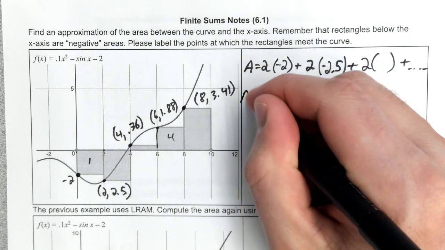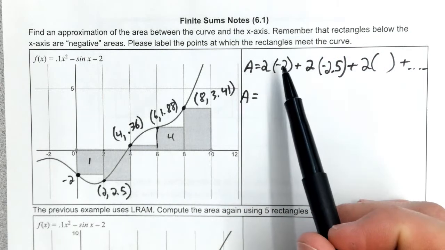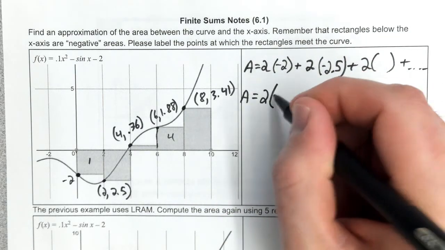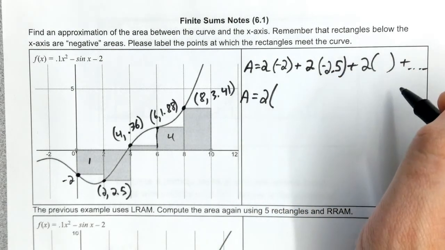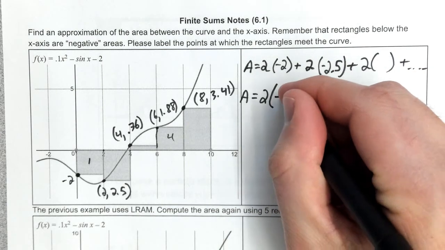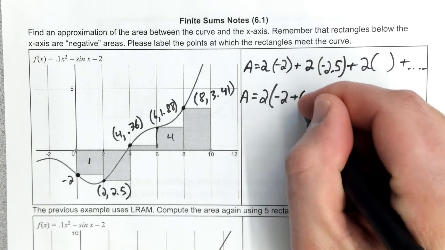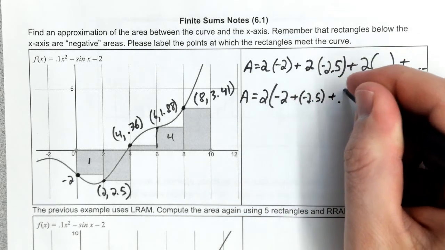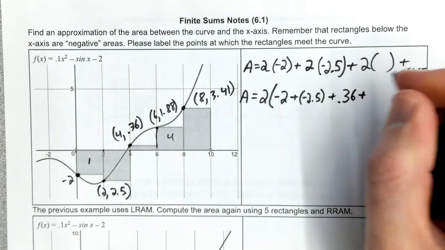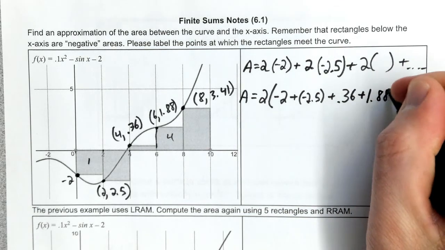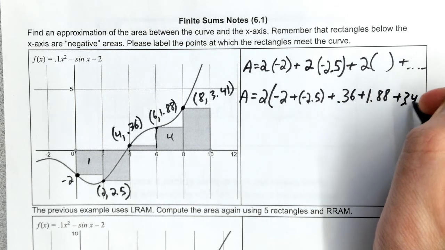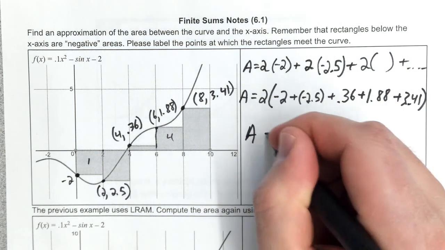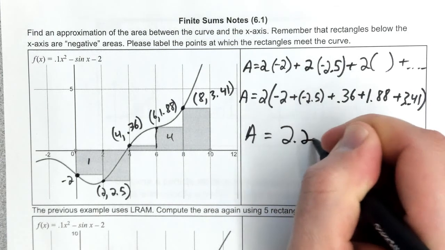Anyway, what you end up with is the area, and there's a factor of 2 in each of these numbers, so we can factor the 2 out in front, and then we'll just have the y values left over. Inside the parentheses is -2 plus -2.5 plus 0.36 plus 1.88 plus 3.41, for an approximate net area of 2.29.